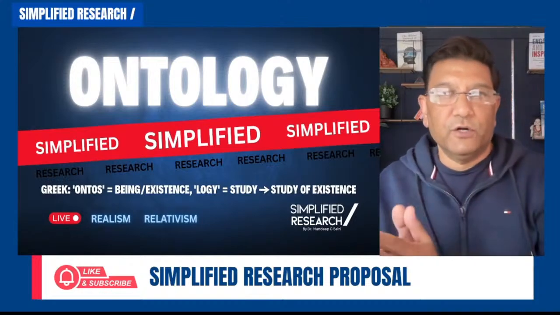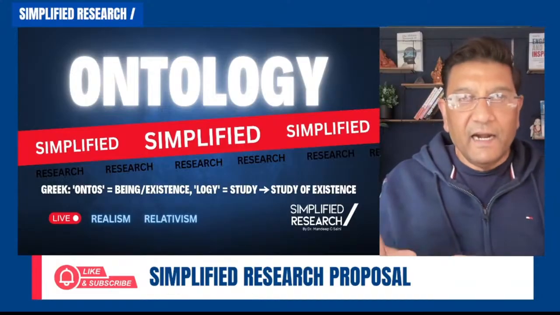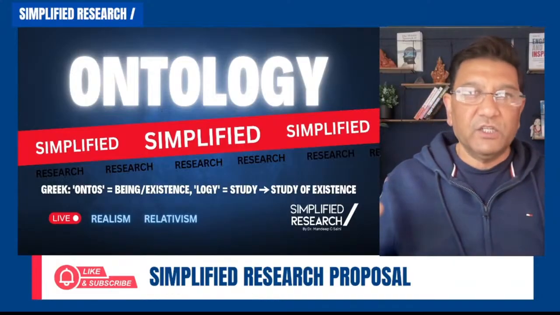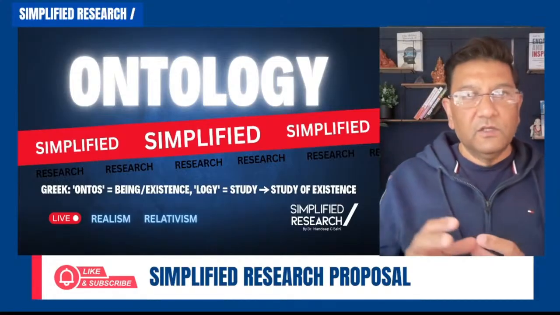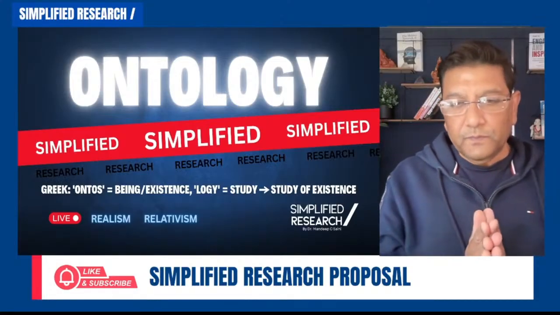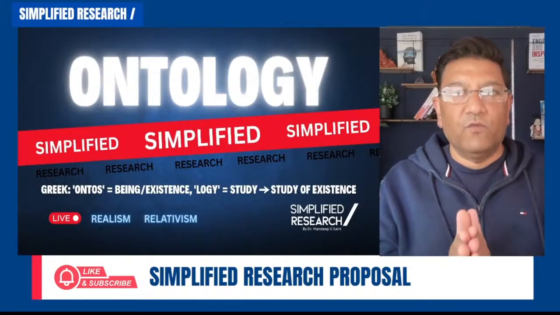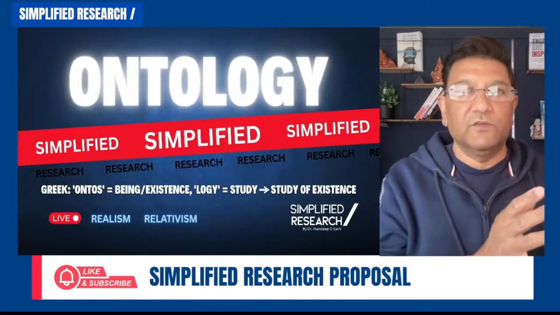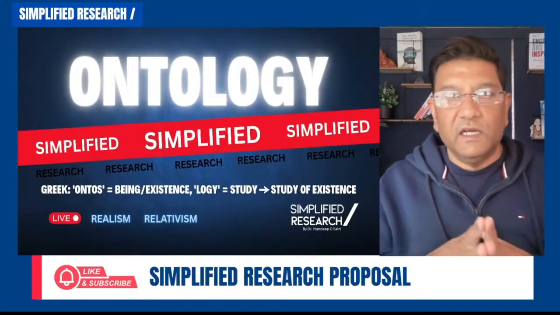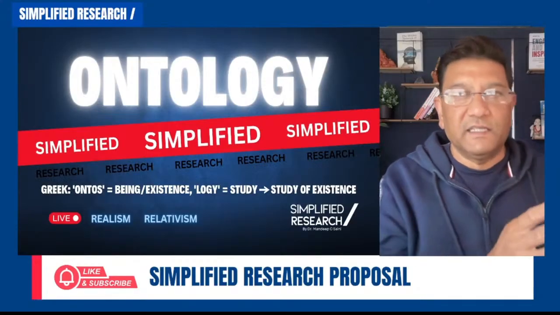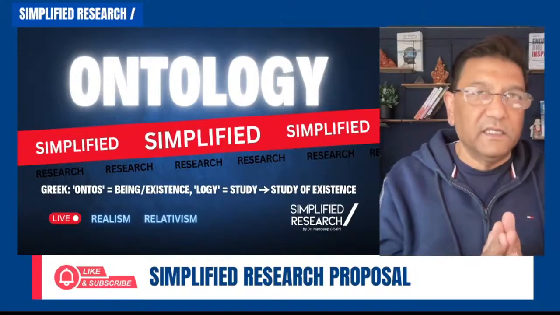The other side of ontology is that reality could be based on people, on the different views of people. As an example, you ask some people what they think about whether the sun rises from the east or not, and some people might say no, it rises from the west. Some people might say yes, it rises from the east.